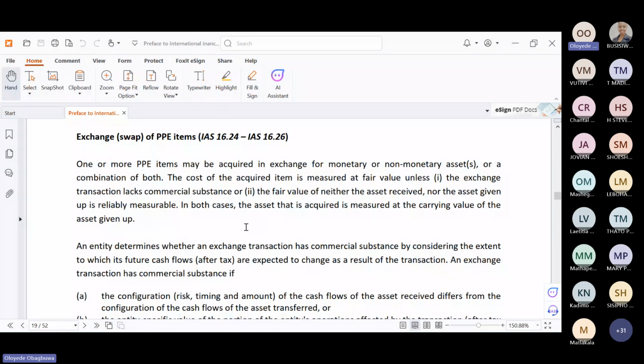The cost of the acquired item is measured at fair value unless the exchange transaction lacks commercial substance, or the fair value of neither the asset received nor the asset given is reliably measurable. In both cases, the asset that is acquired is measured at the carrying value of the asset given up.